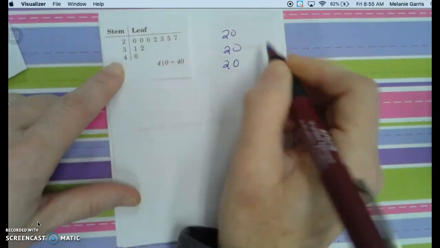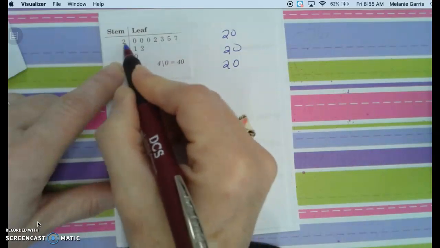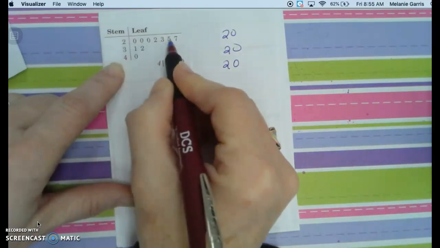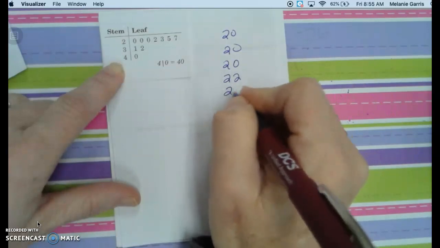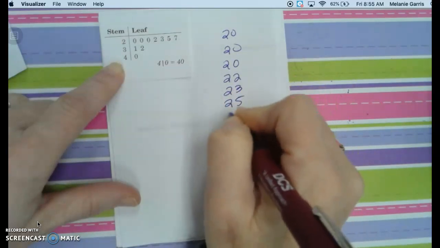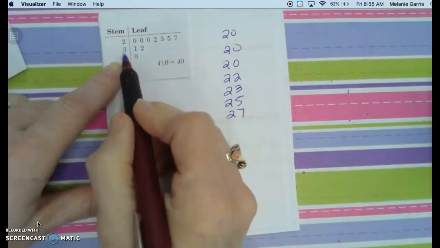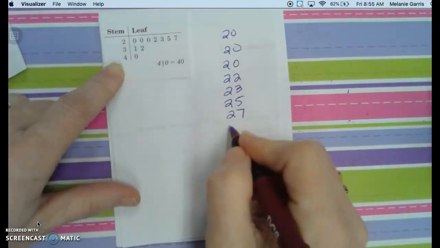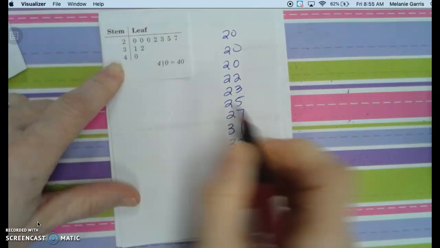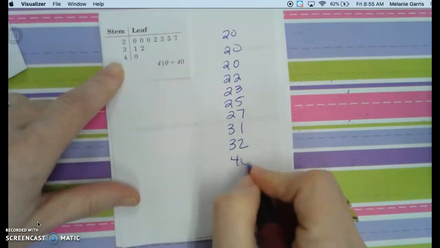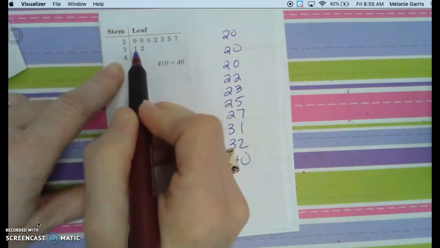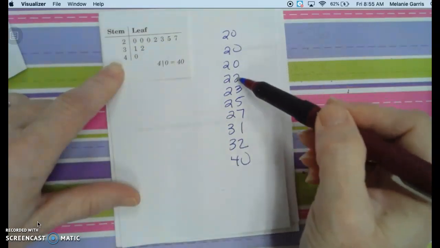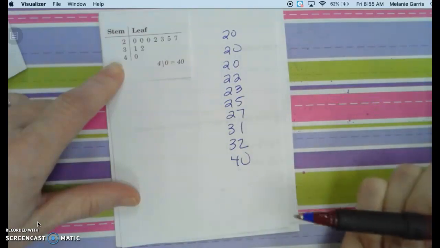So you got three 20s, and then it would be 22, 23, 25, 27. 31, 32, and then the number 40. So there's 1, 2, 3, 4, 5, 6, 7, 8, 9, 10 numbers. So I got them all.